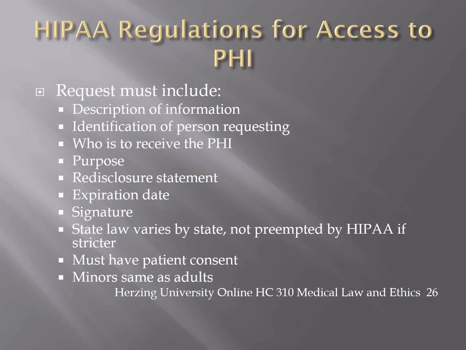State law varies by state and is not preempted by HIPAA if stricter. Must have the patient consent to access the PHI, and minors are treated the same as adults.